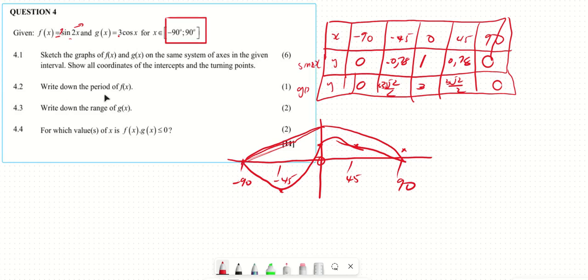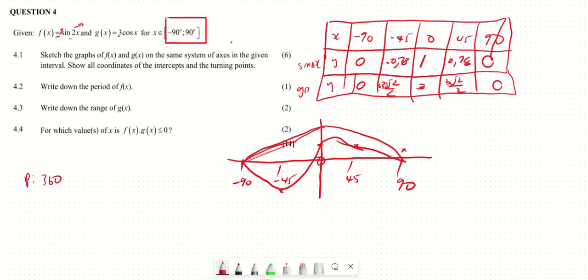Then write down the period of f. Now let me explain how to fix the period. f is a sine graph. Because f is a sine graph, what is the period of a sine?